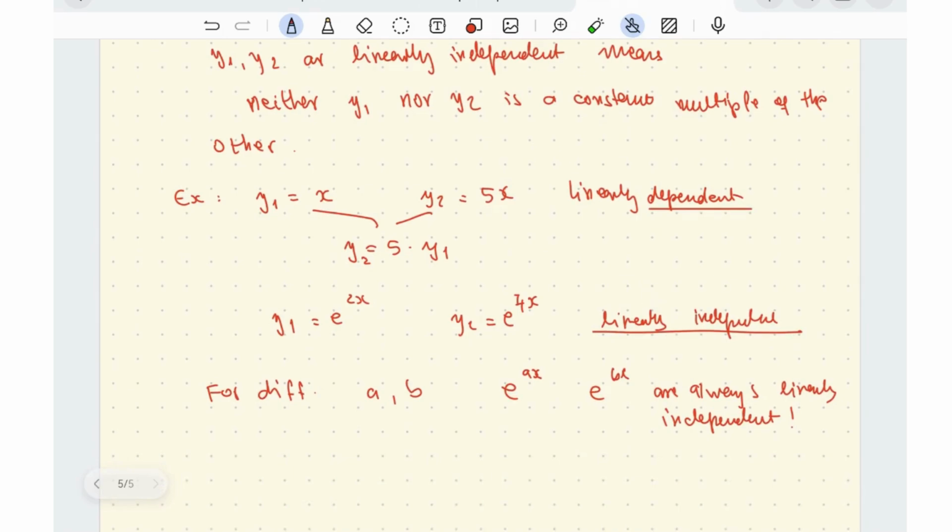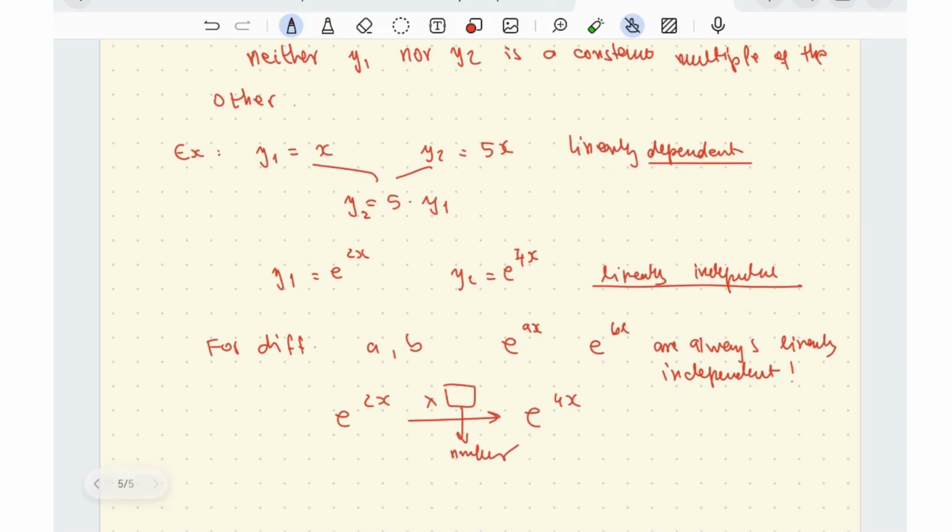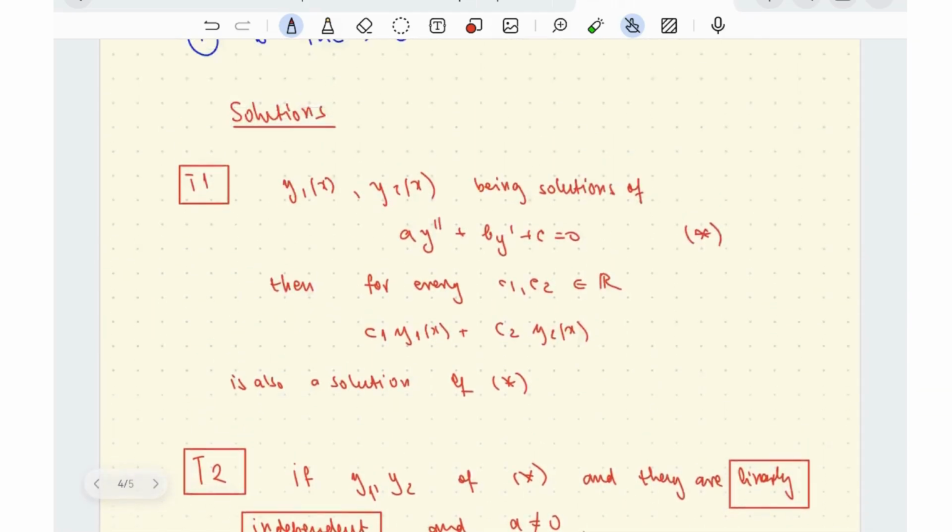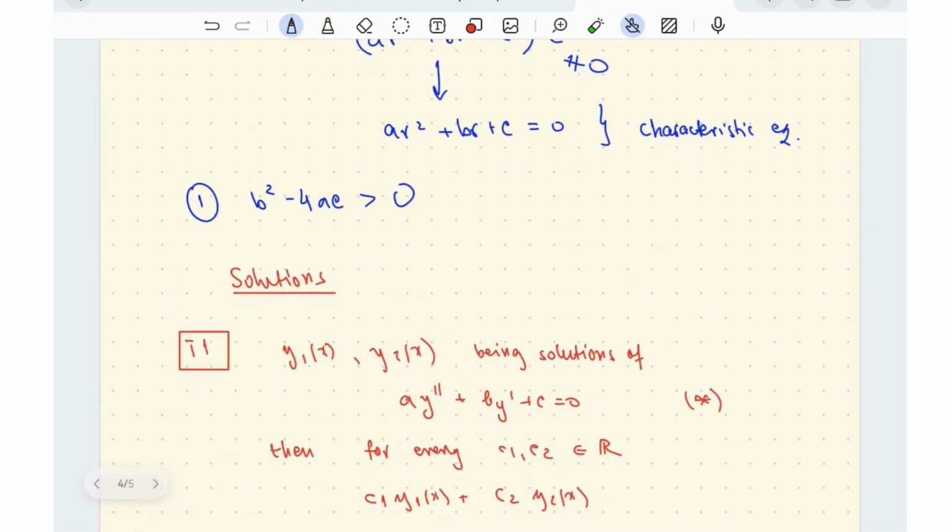We cannot find a constant multiple to get from e to the power 2x to e to the power 4x. There is no number to multiply by. That's just the nature of the function. And this is very good because we can now show this case here.